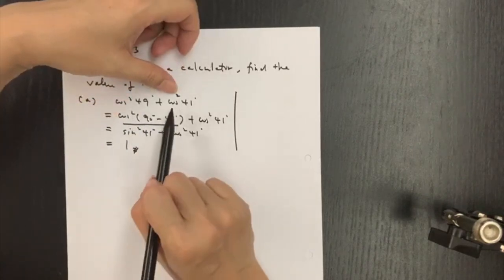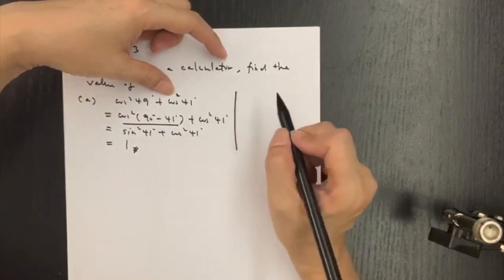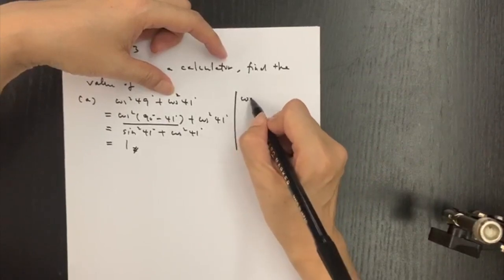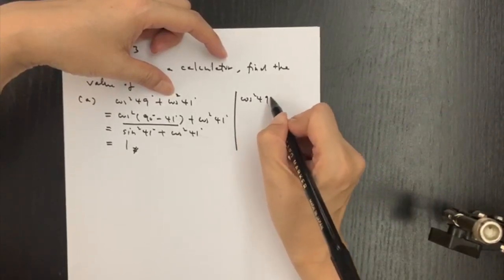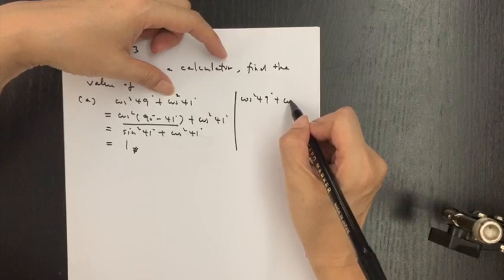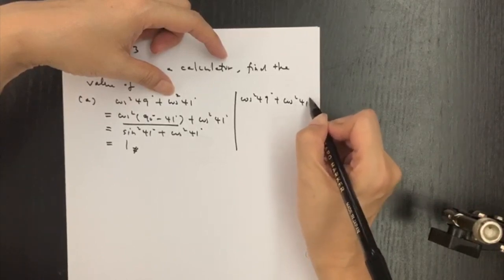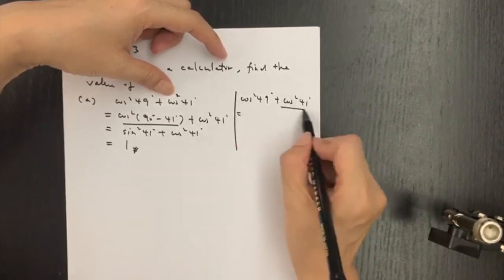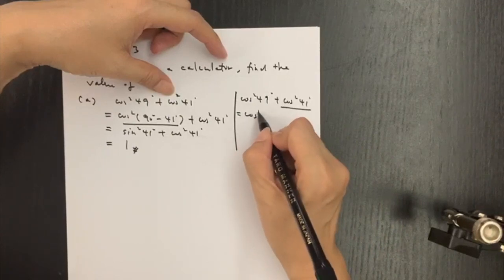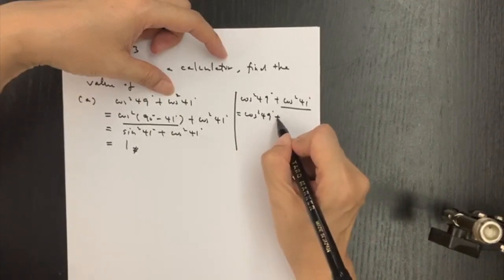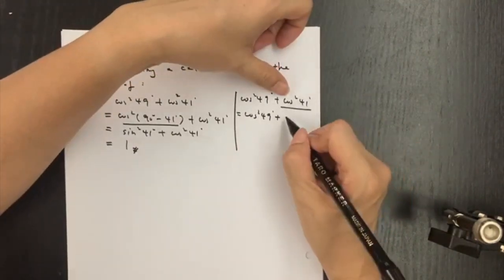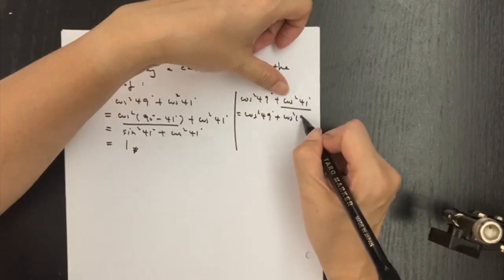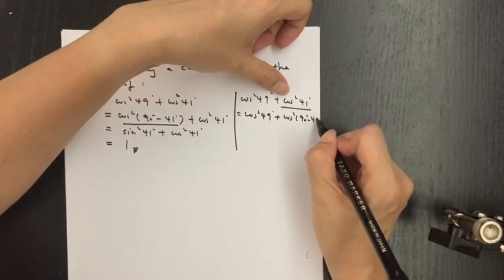Now in this example I changed the first term into another angle. So what if I change the other one? Do we also get the same answer? I just rewrite the question, cosine square 49 plus cosine square 41. This time let me change this one. So keep this 49 and change 41, which is the same as 90 minus 49.